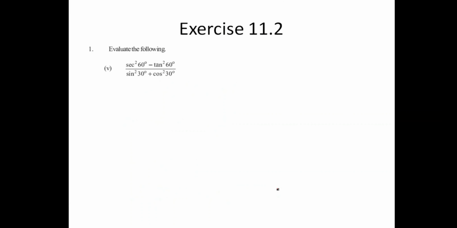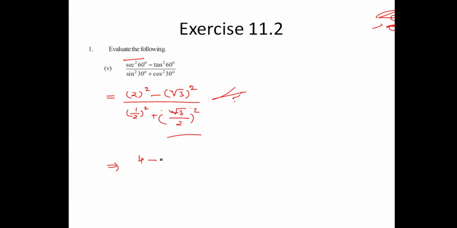Let's look at this bit here. Secant square 60. Secant 60 is 2 whole square, minus cot 60, which is root 3, so you have square here, and I am writing square over there also. Here sine square 30 is 1 by 2, so the value of this one is 1 by 2 whole square, plus cos square 30, which is root 3 by 2 whole square.